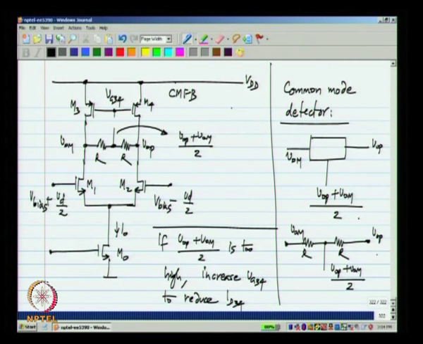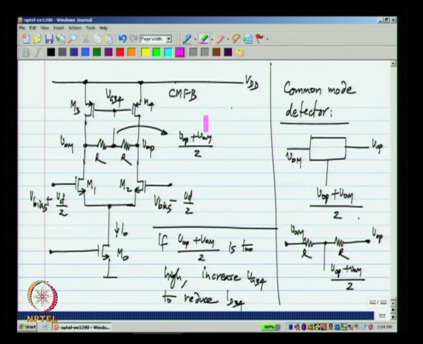And vice versa. Now, there are many ways of completing the loop. We can use an integrator or an op amp between this point and that point, so that we get the feedback action that I just described, but the simplest realization of this is to observe that if (VOP plus VOM) by 2 is too high, VG34 also must increase, that is, it must go in the same direction as (VOP plus VOM) by 2.